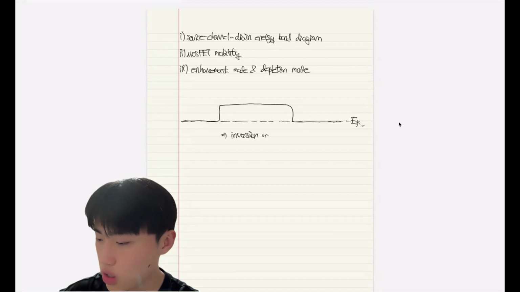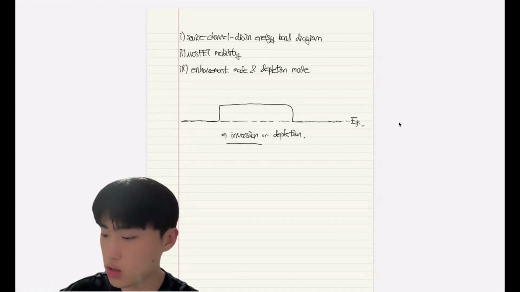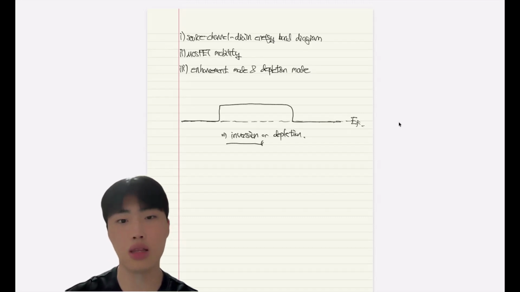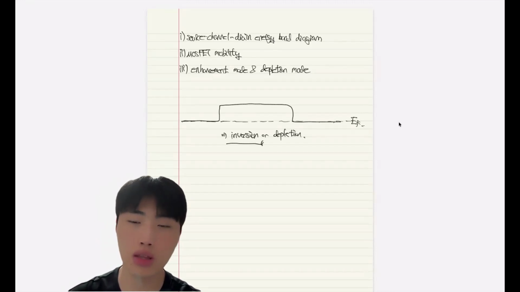So this part will be at an inversion or depletion part. But I think this part will be some kind of inversion, but not yet a strong inversion. So let's draw some Boltzmann tail on it.